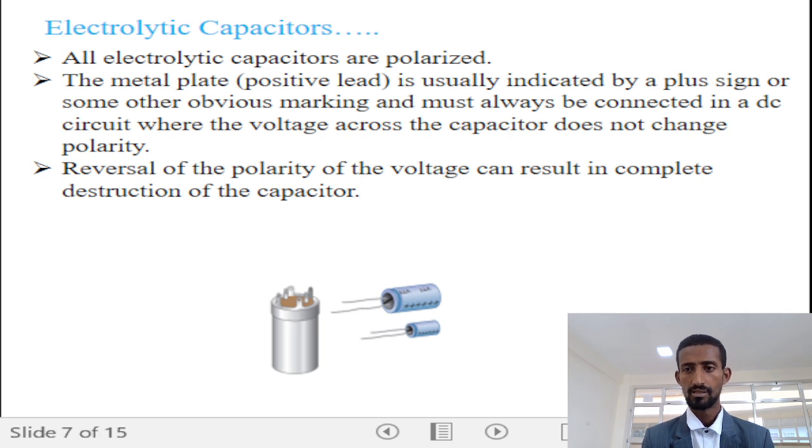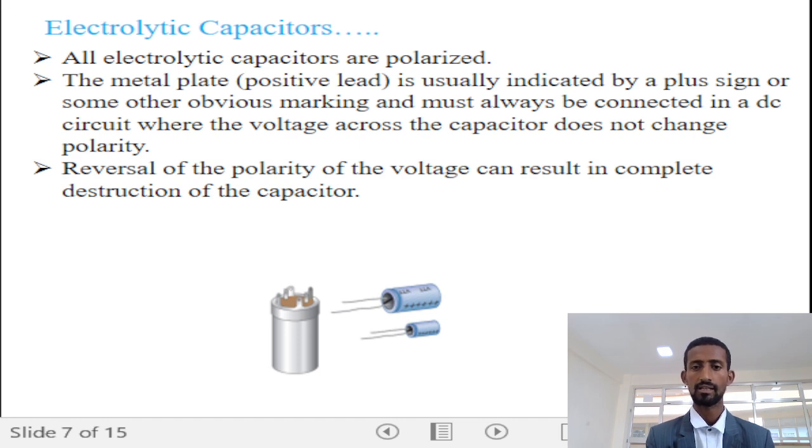The positive lead is usually indicated by a plus sign or some other obvious marking and must always be connected in a DC circuit, where the voltage across the capacitor doesn't change polarity. That means we may use this type of capacitor after a rectifier circuit.